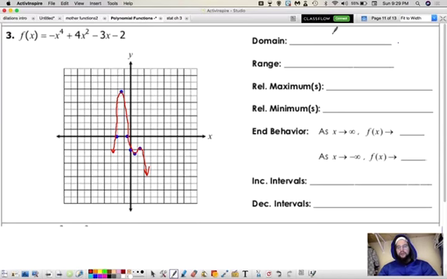But of course, you know the domain for every single polynomial function. All of them. Domains are real numbers. Period. Now for this one, it's an even degree. So it's going down forever, but it stops up here at this value.